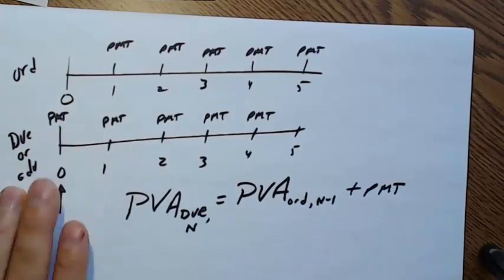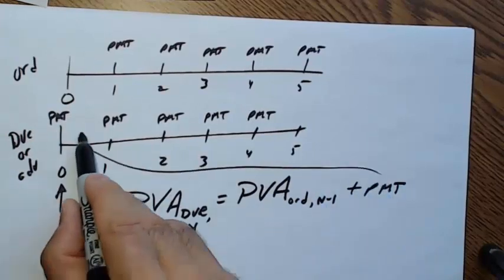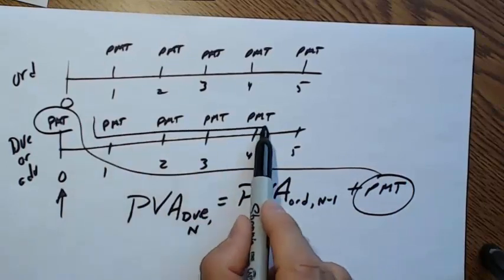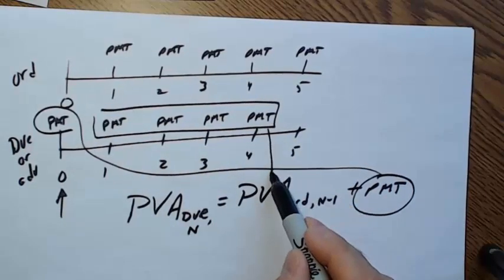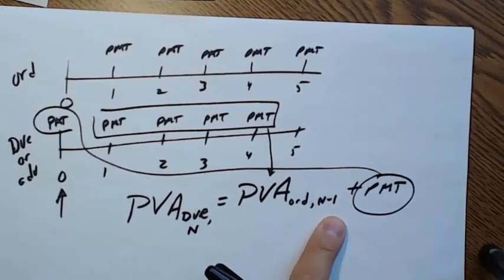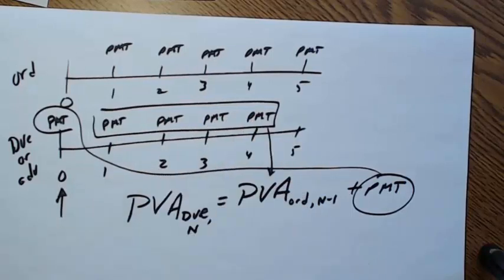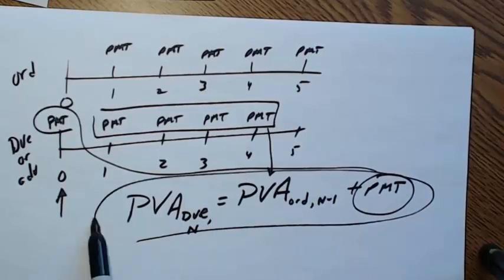Plus add this last payment, so this last payment right here is coming in. There it is. And this is the present value of an ordinary annuity for not 5 periods, but 5 minus 1. 1, 2, 3, 4 periods. Okay? And so that's what the present value of an annuity due is. That's the trick to get there.